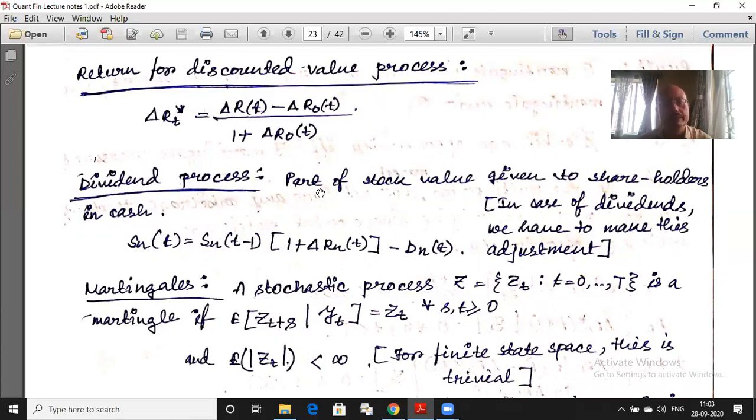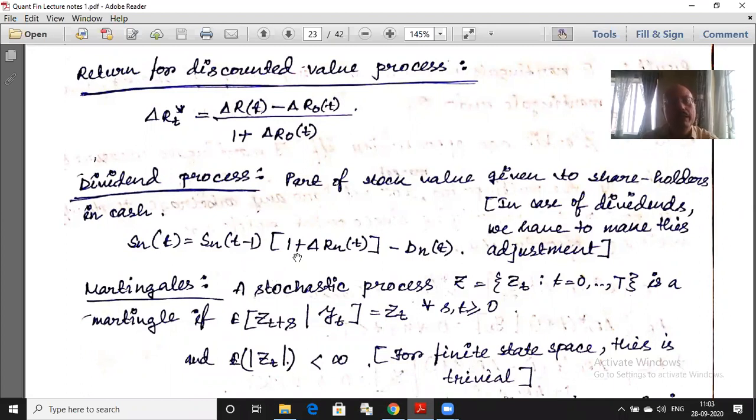So what will happen is, if I pay a dividend Dn at time t on stock n, the new stock price will not be the gross return times S(t-1).